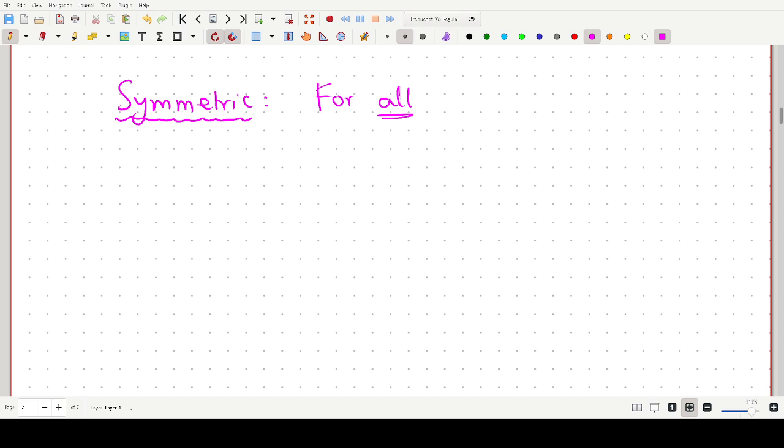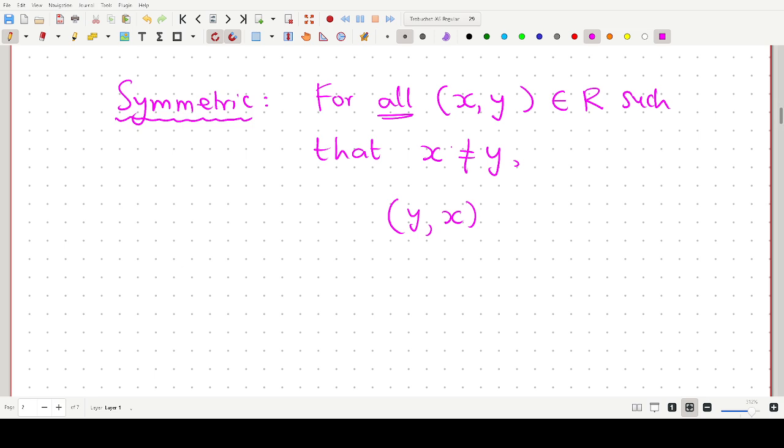We look for all the elements of the relation which are basically ordered pairs X, Y, such that, again, this condition is important, X is not equal to Y. If we can find Y comma X belonging to R as well, we will say that our relation is symmetric.